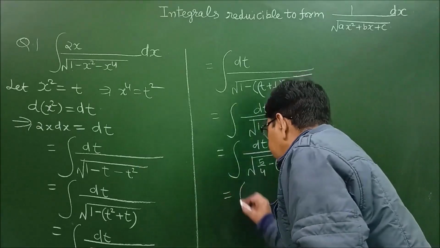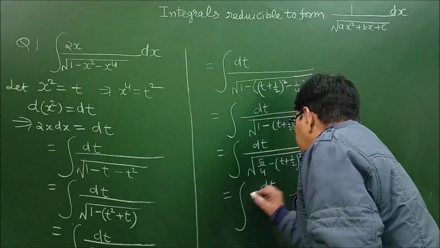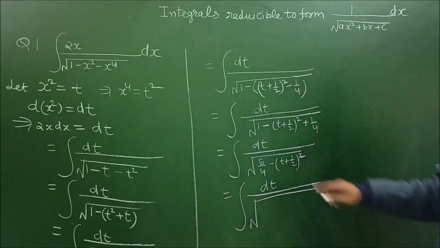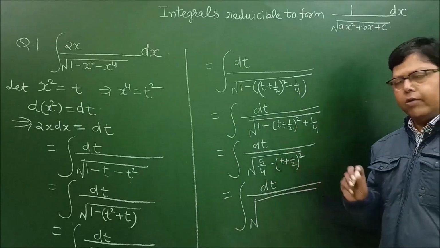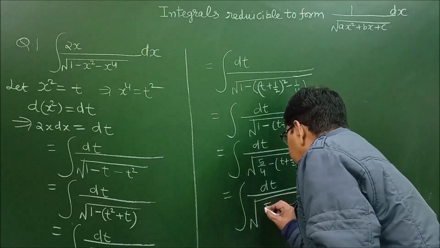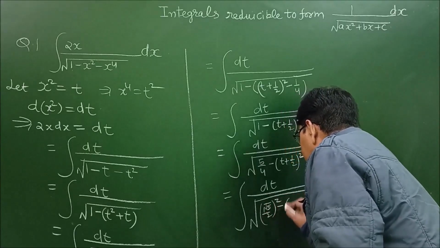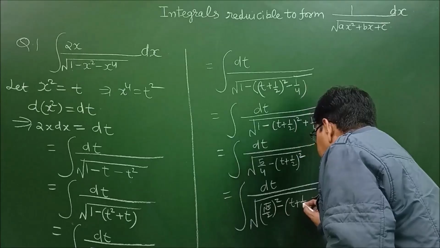This is equal to integral of dt upon under root of this 5 upon 4 which can be written as (root 5 upon 2) square, minus (t plus 1 upon 2) square.